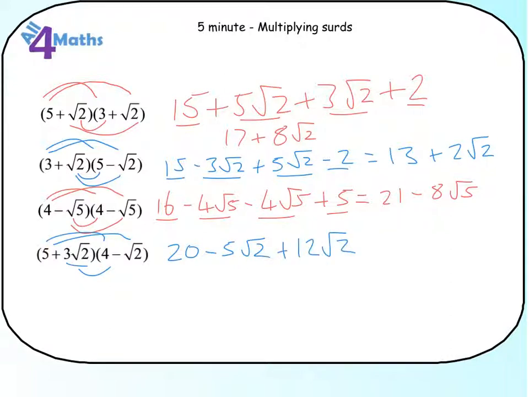And then 3 root 2 times by minus root 2, which is actually 3 times by minus 2, which gives us minus 6. Again, I'm going to collect these together. So we've got 20 take away 6, which is 14. And then minus 5 root 2 plus 12 root 2, which is plus 7 root 2.